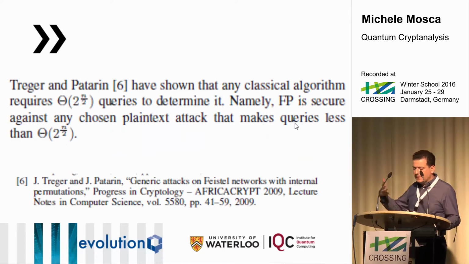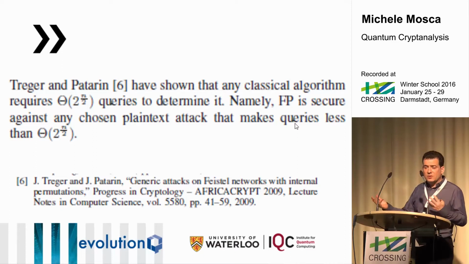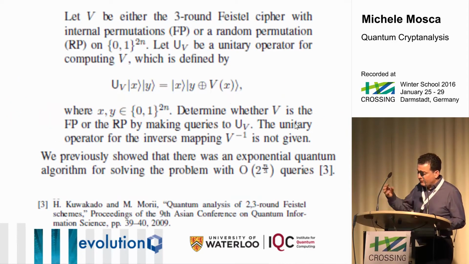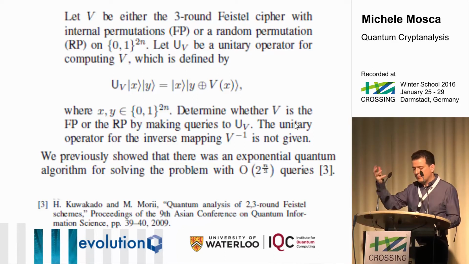So it was shown that this classically takes exponentially many queries to distinguish, so in this black box framework, it's a good cipher. But what if you have quantum access to this oracle V that does this permutation? You have to decide, is it doing the Feistel type permutation or a real permutation?